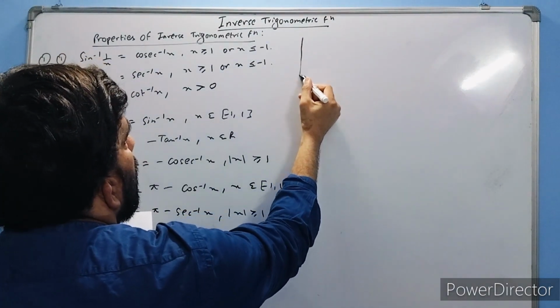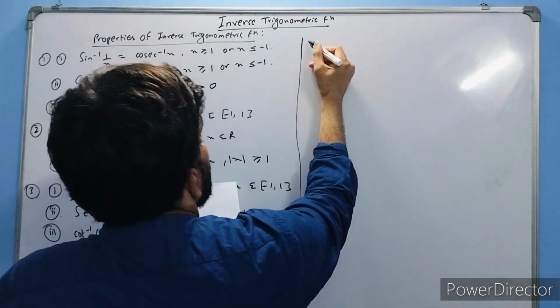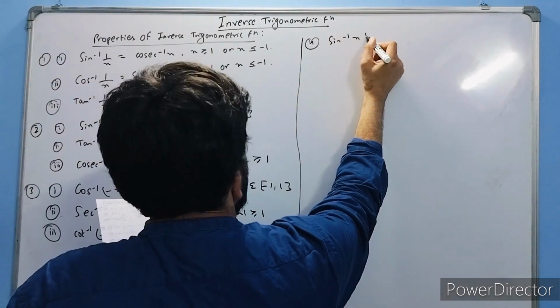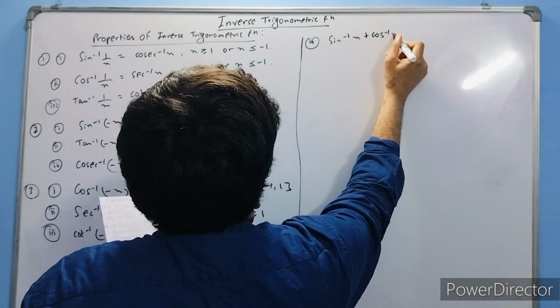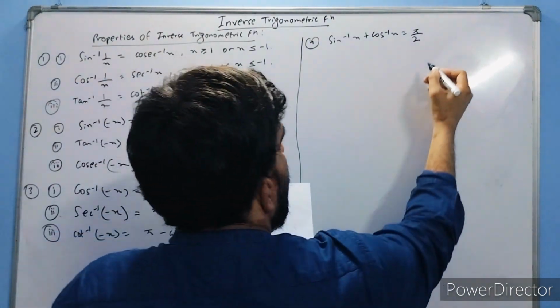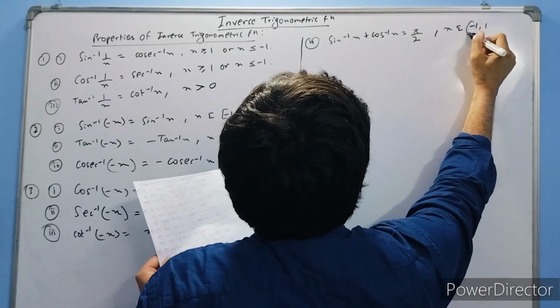Now we'll go for the fourth. Sin inverse x plus cos inverse x is equal to pi upon 2, where x belongs to minus 1 to 1.